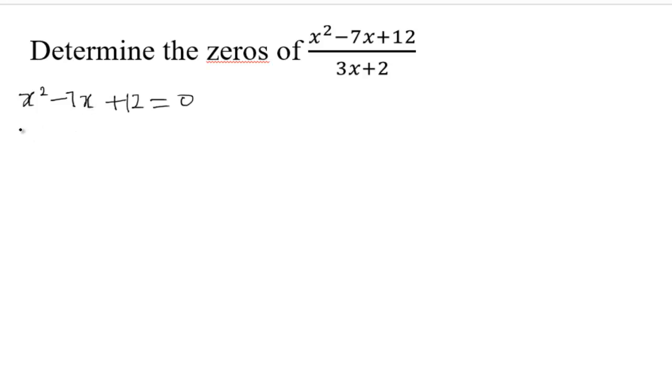So that will be x squared minus 3x minus 4x plus 12 equal to 0. So we group them, or we put them into brackets.